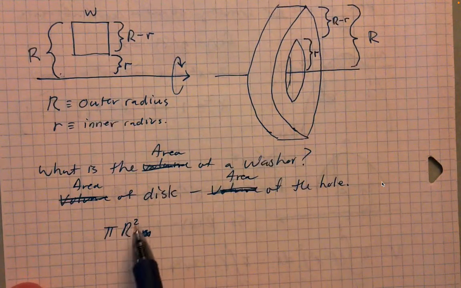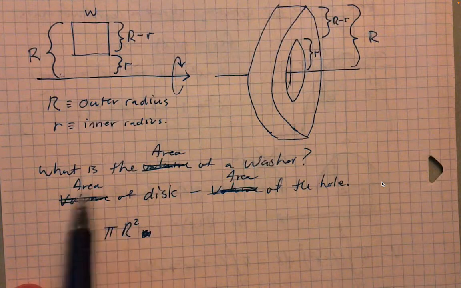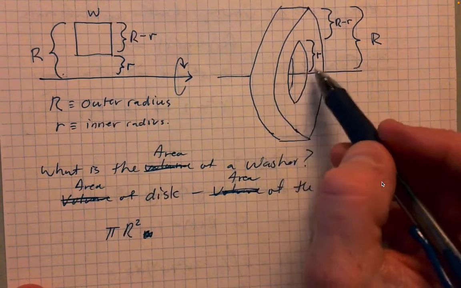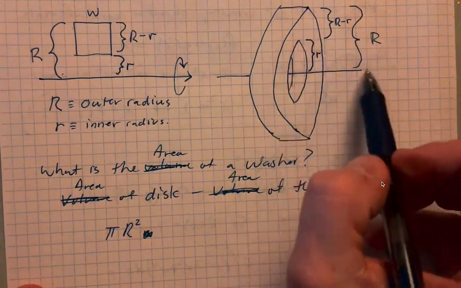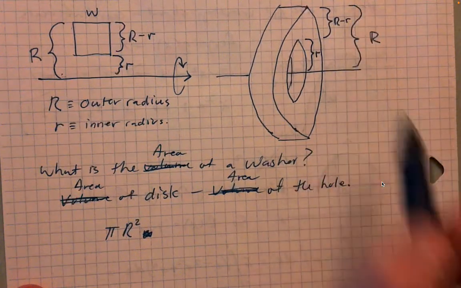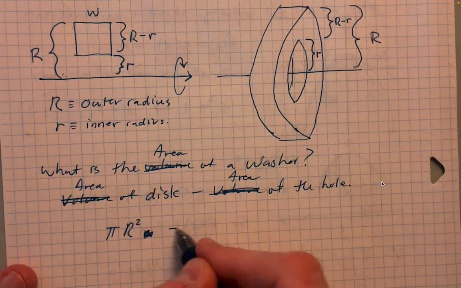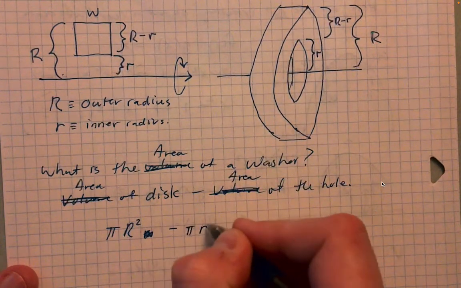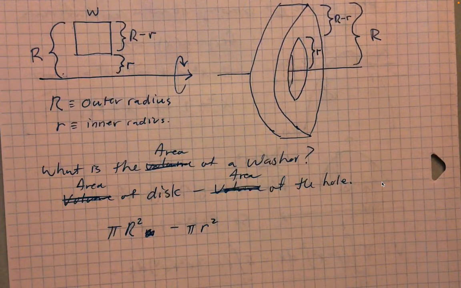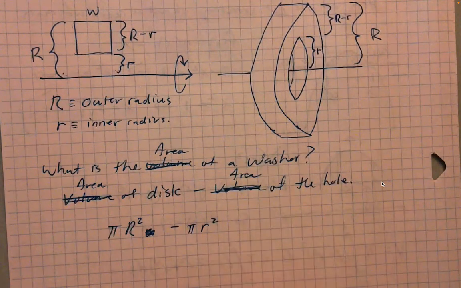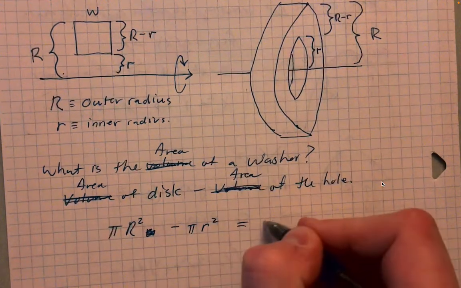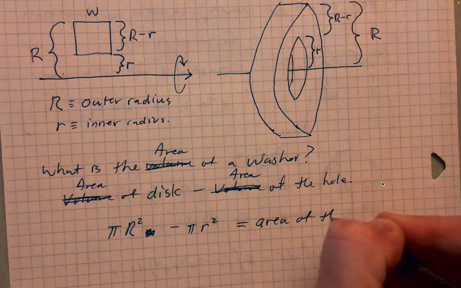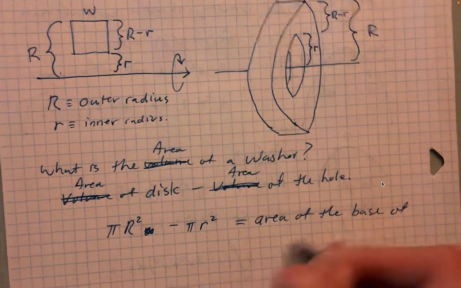All right, so the area would be found by taking pi times the radius squared. Pi being the circular piece of it, and big R being the outer radius. So pi R squared minus the inner piece, which would be pi times the little r squared, right? This gets you the area of the base of the washer.